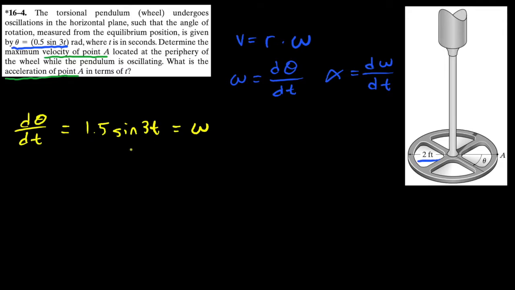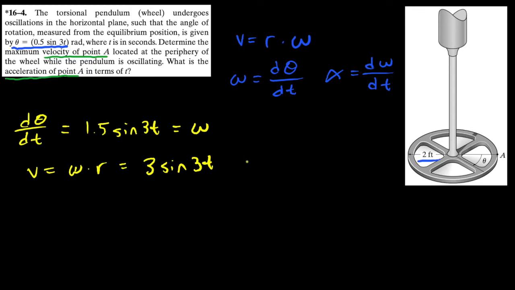Now, let's get velocity instead of angular velocity by multiplying this value by the radius, using v equals r times omega. The radius is 2, so multiplying these two, we get 3 sine 3t as our velocity function.